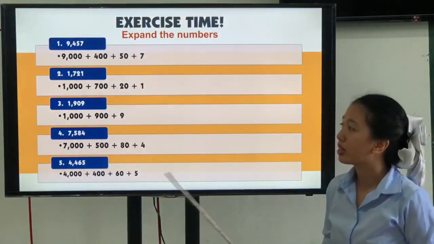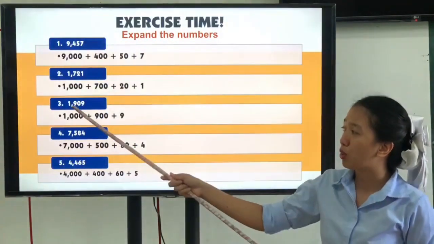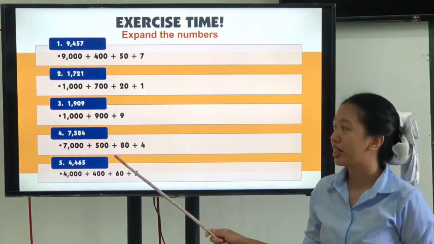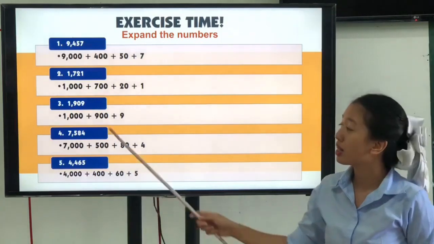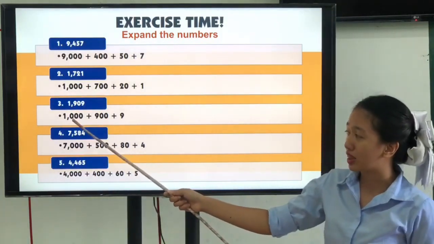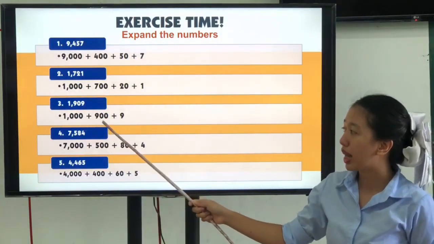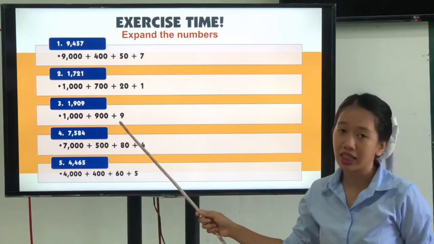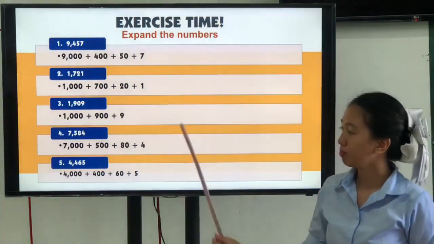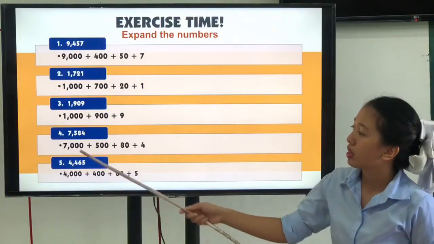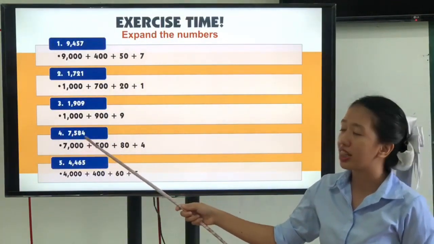Number 3, the expanded form of 1,909 will be 1,000 plus 900 plus 9. Number 4, 7,584.